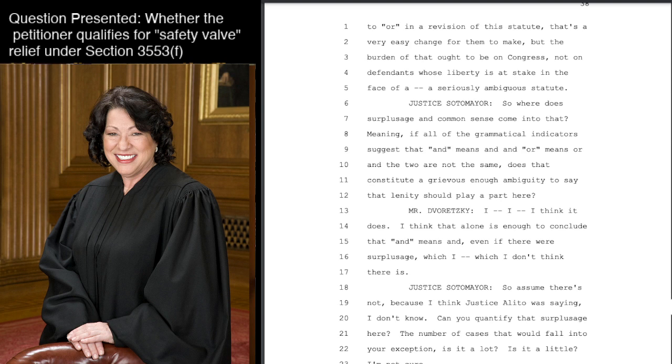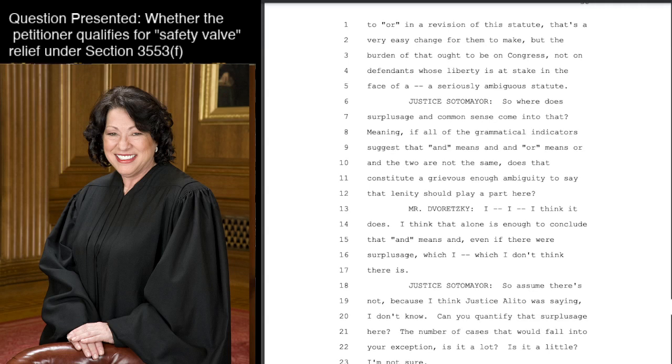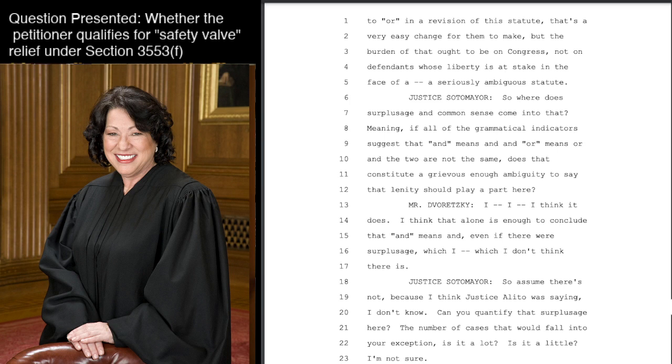Meaning, if all of the grammatical indicators suggest that "and" means "and" and "or" means "or," and the two are not the same, does that constitute a grievous enough ambiguity to say that lenity should play a part here? I think it does. I think that alone is enough to conclude that "and" means "and," even if there were surplusage, which I don't think there is.